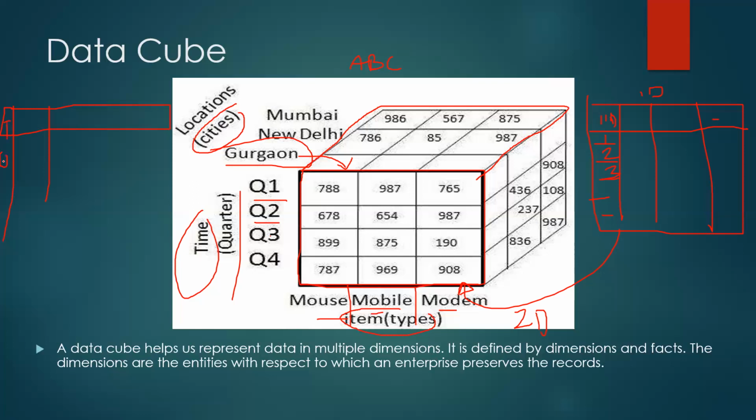Time is common, Q1, Q2, Q3, and so on. And then you have three locations, right? So we can have data for three locations, which is Gurgaon, New Delhi, and Mumbai. And within each of these, you can have mouse, mobile, modem, mouse, mobile, modem, mouse, mobile, modem, right? So this is how this cube can be represented on paper.